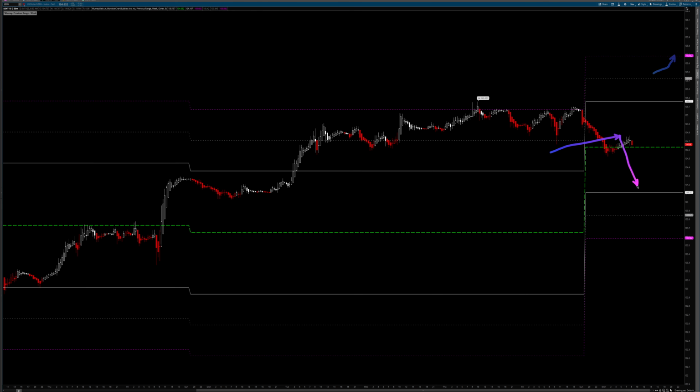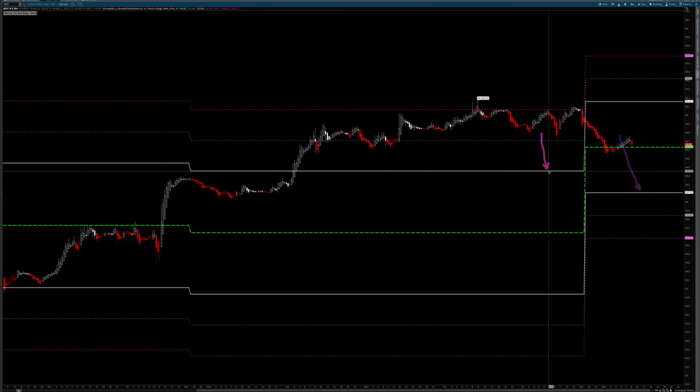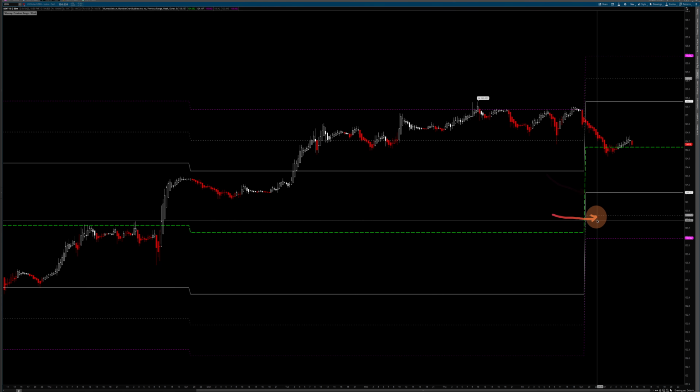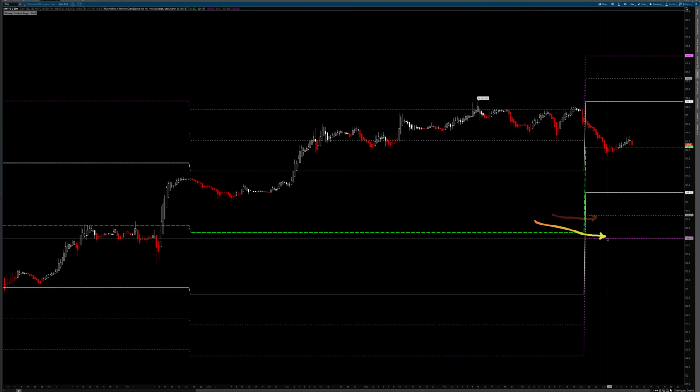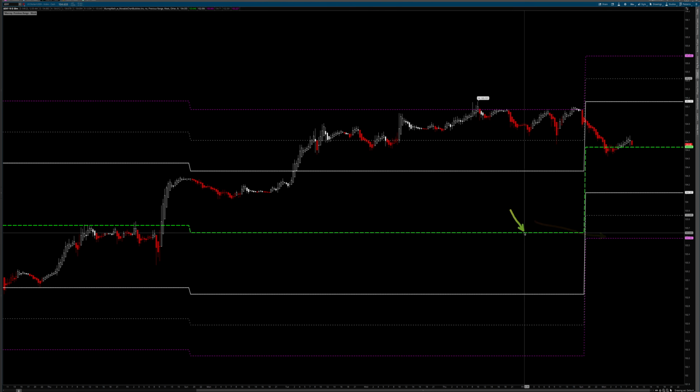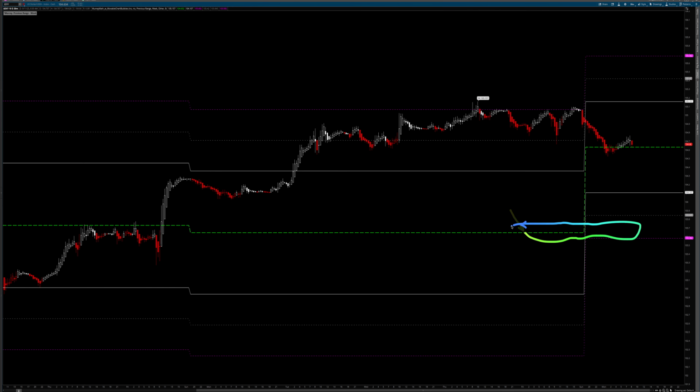If this doesn't hold, your targets to the downside will be first 104.35, then 104.10, 103.84, 103.58, and you've got last week's midpoint, which is 103.64. So somewhere around here will be good support if it pulls back this week.